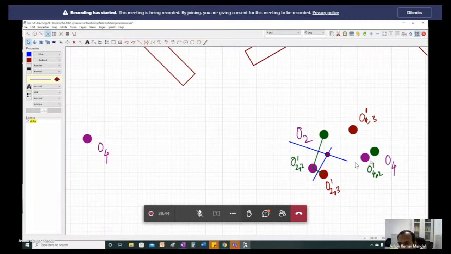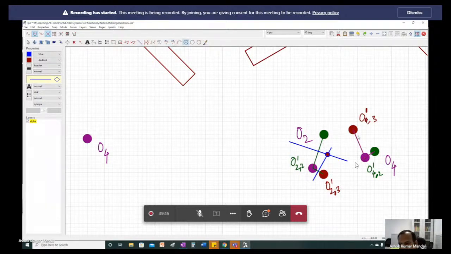To get point B, again we will join these points O2, O4, and the positions. We have two lines, and we have to draw the perpendicular bisector of these two lines.